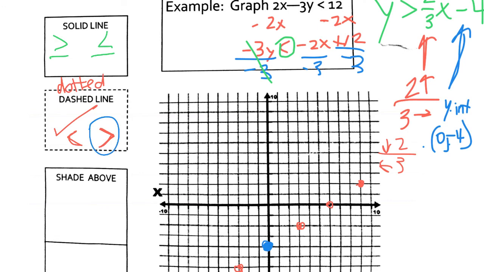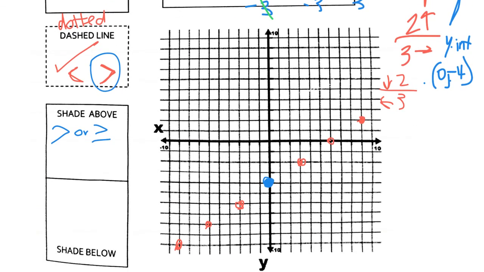And if we shade above, that is going to be greater than or equal to, and to shade below, remember that is less than or equal to. So again, we are going to have a dashed or dotted line through your points.